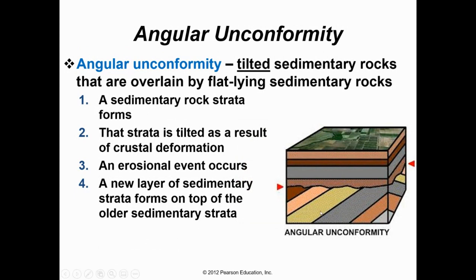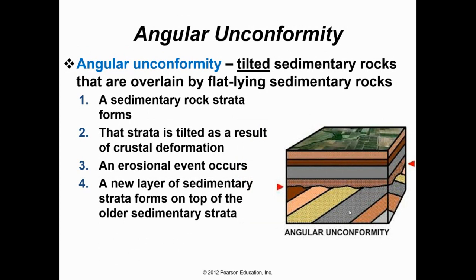This is where you have older sedimentary, well, it can really be any rocks, quite frankly, but typically it's older sedimentary rocks that are deposited flat on the bottom, okay? Then what happens is those beds become deformed, okay?